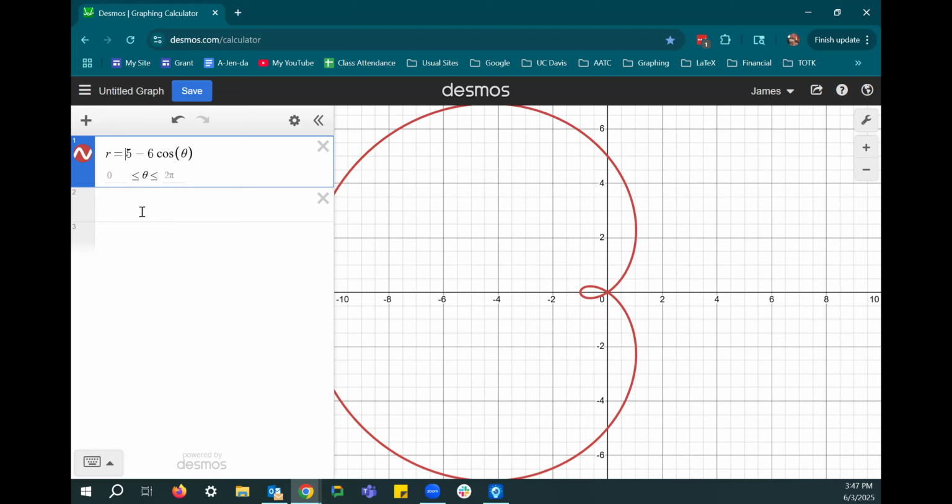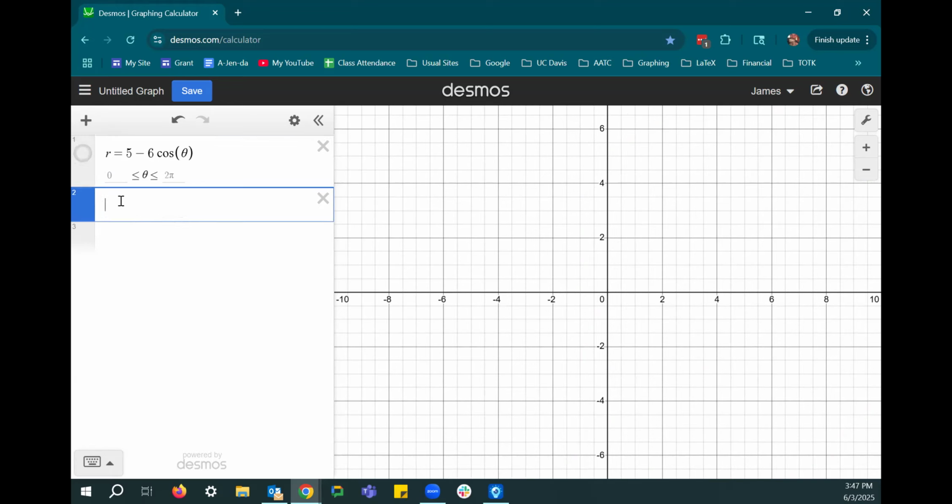So if we have something like r equal to 2 plus 1 times cosine of theta, you get what's called, what was that? Nope, sorry, that's too big. Apologies. So we have to go like 3 halves here. That's a dimpled one.